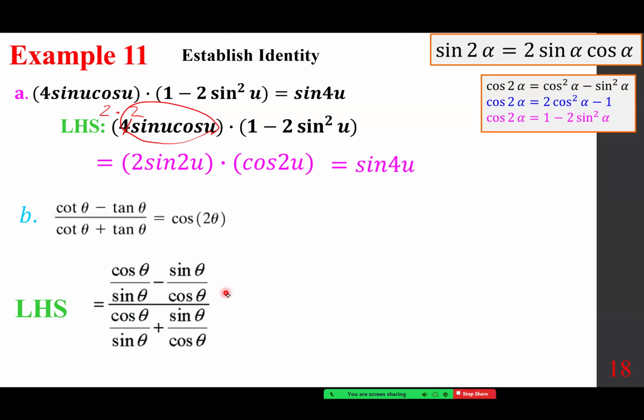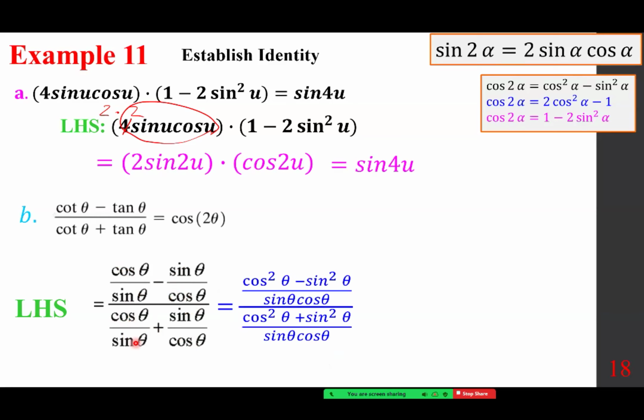Or take a common denominator of sine theta cosine theta for the bottom and top. That works the same way. If you go that route, it's cosine squared minus sine squared on top, and cosine squared plus sine squared on the bottom, and they have the same denominator, sine theta cosine theta. We are taking a common denominator. So whenever you have a complex fraction, if the denominators are identical, you can drop them.